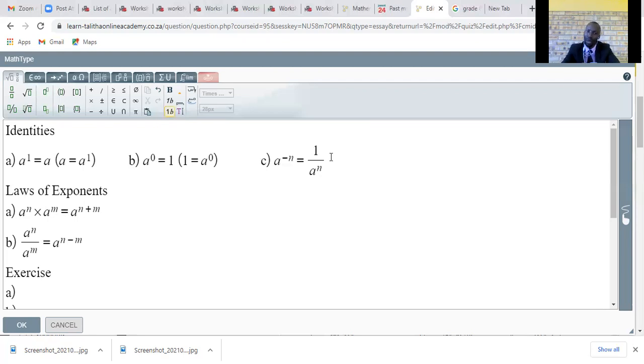Now this will make a lot of sense for the series of questions which we are going to be dealing with. But before we move to those questions, how else can we revise the reverse of this? Well, the reciprocal of any number with a positive exponent can be written as that number with a negative exponent, like that, okay?